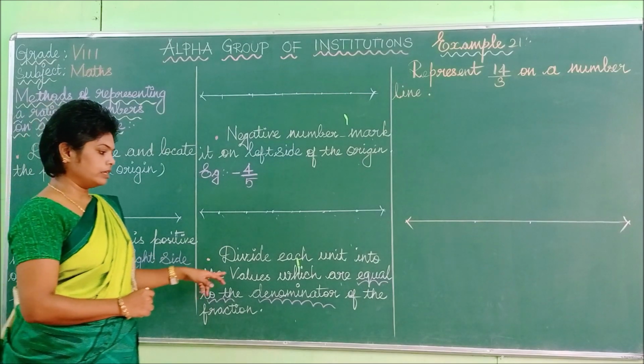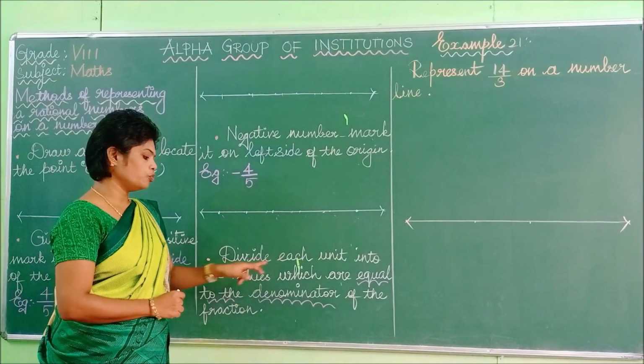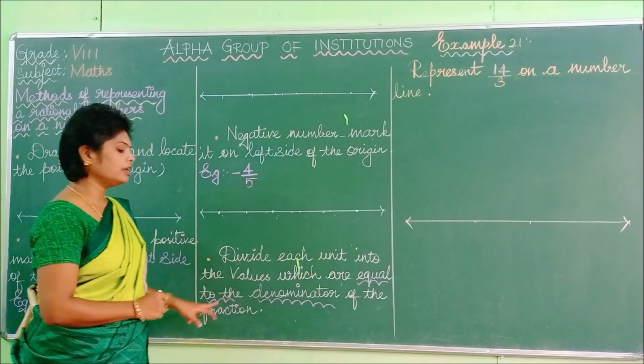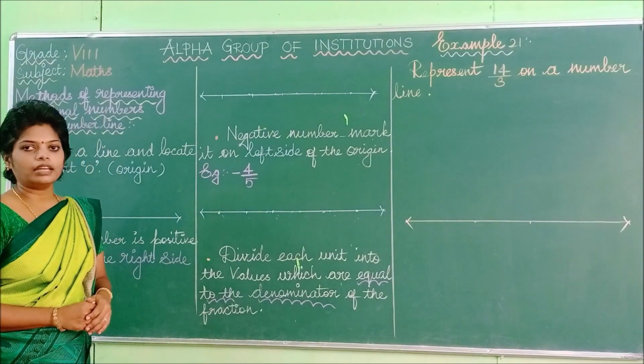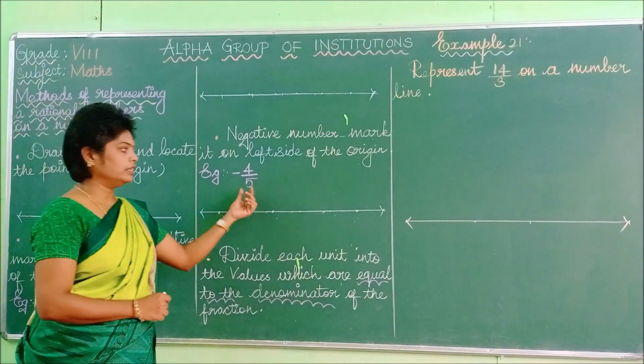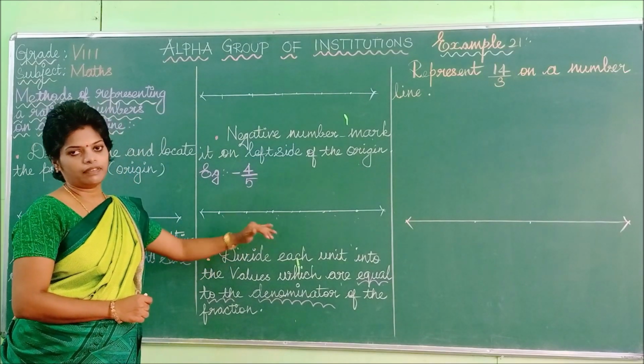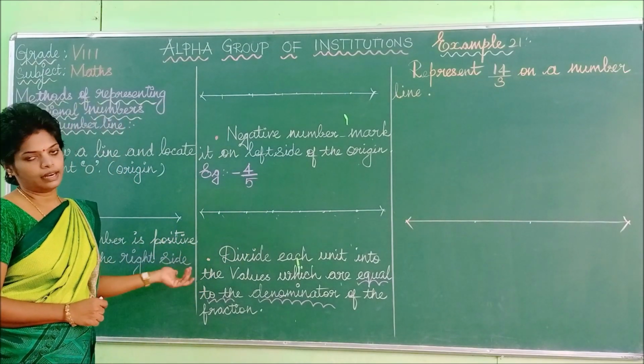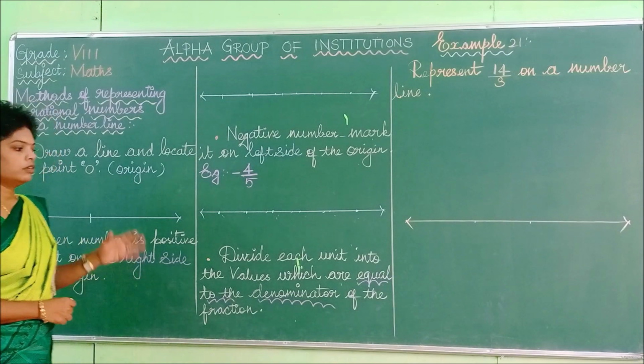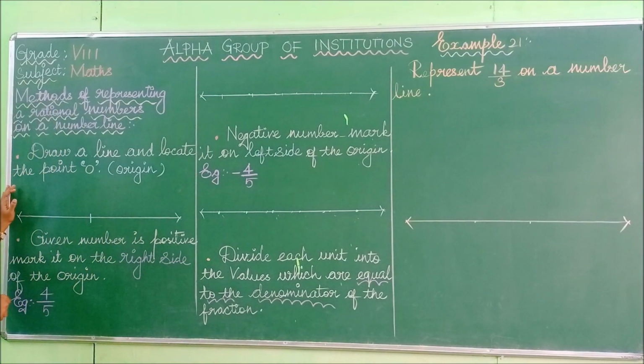The final step is to divide each unit into parts equal to the denominator of the fraction. Check the denominator of the fraction, and using that value, divide the unit on the number line. With this, we can do a representation on a number line.